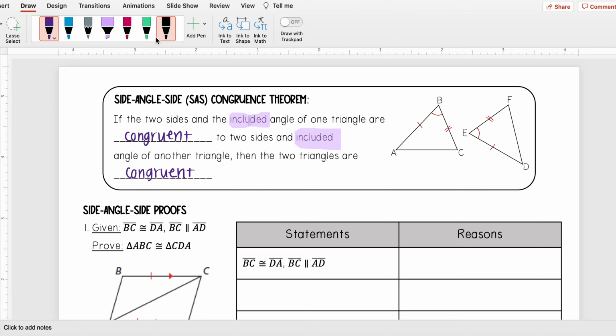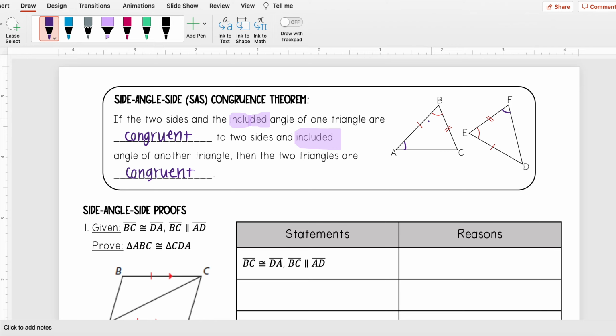So you'll notice over here that I have two pairs of congruent sides, and it's the angle that is between those two congruent sides that is congruent. So this wouldn't work if, for instance, it was actually the angle over here, because that would not be the included angle.